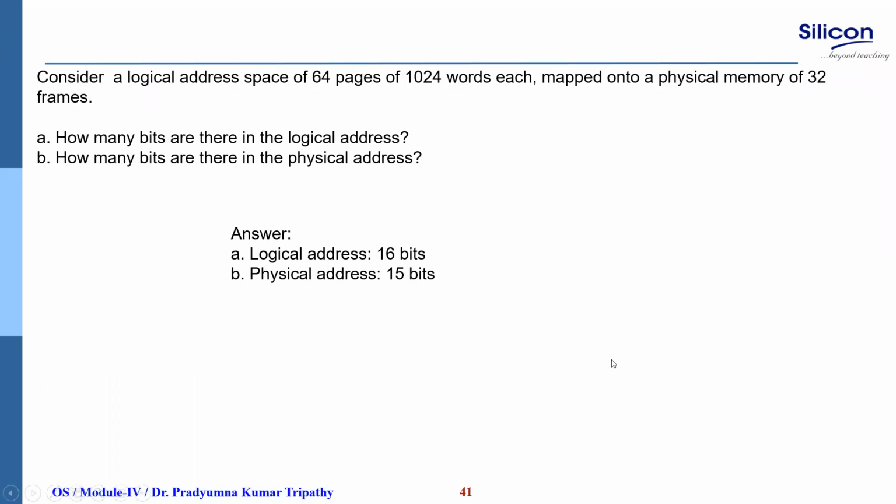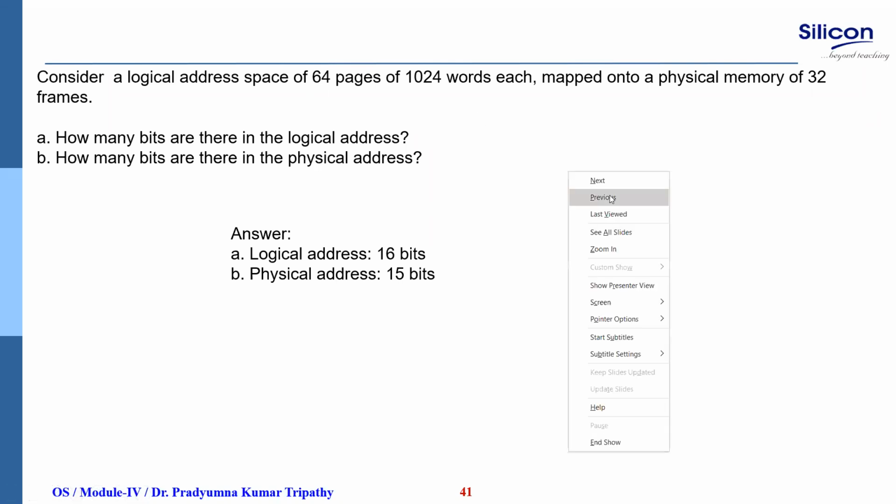Now look into another problem. Consider a logical address space of 64 pages. 64 pages means the program is divided into 64 pages of 1024 words each. So every page is of 1024 words.